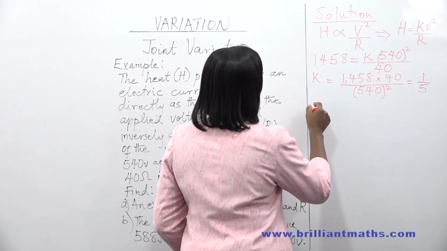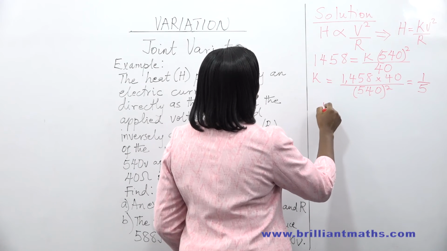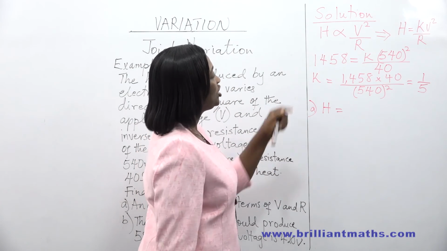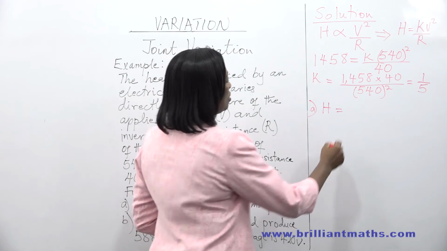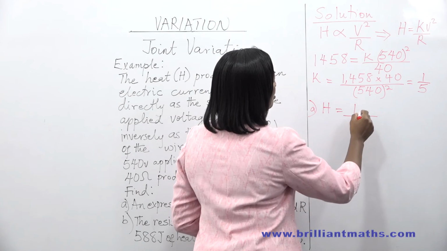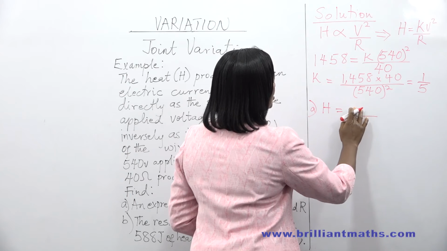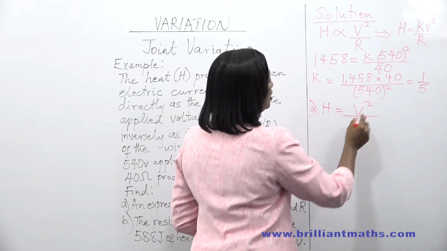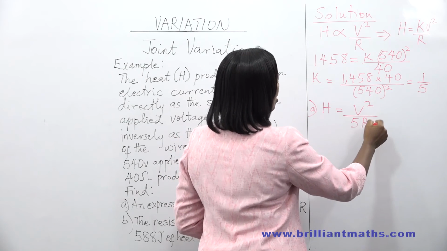So we have H is equal to, that's the final answer for our A, H is equal to 1 over 5. So instead of the 1, we put the V squared, over 5R.